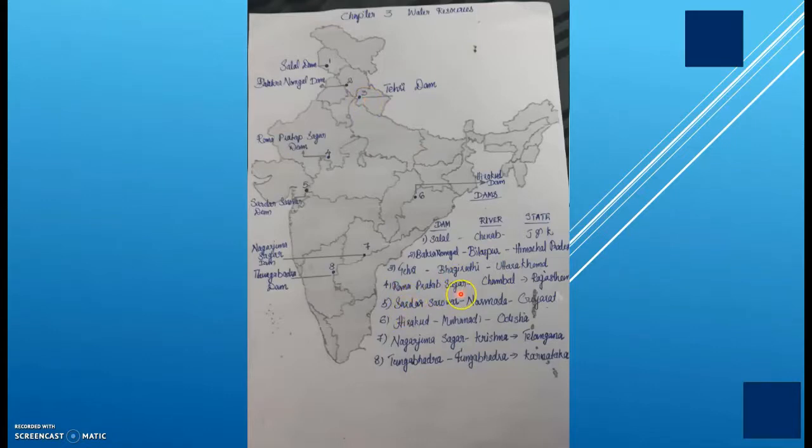Then Rana Pratap Sagar on Chambal River in Rajasthan. Then Sardar Sarovar on Narmada River in Gujarat. Then Hirakud on Mahanadi in Odisha. Then Nagarjuna Sagar on Krishna River in Telangana. Then Tungabhadra on Tungabhadra River in Karnataka. Okay.